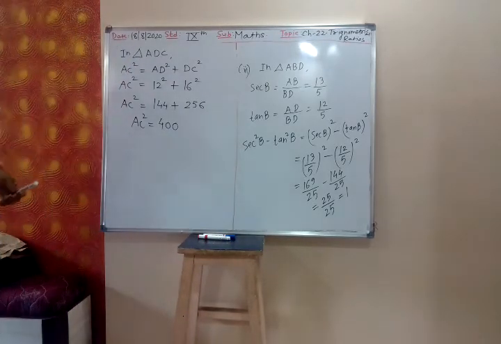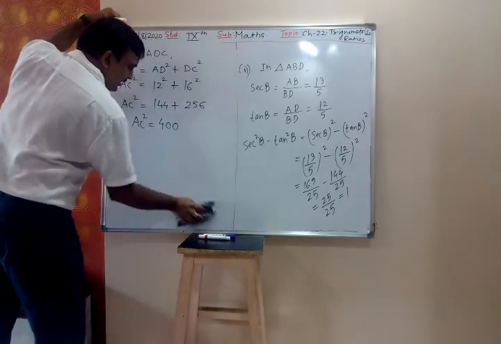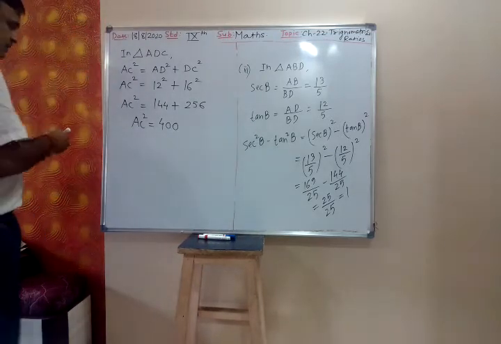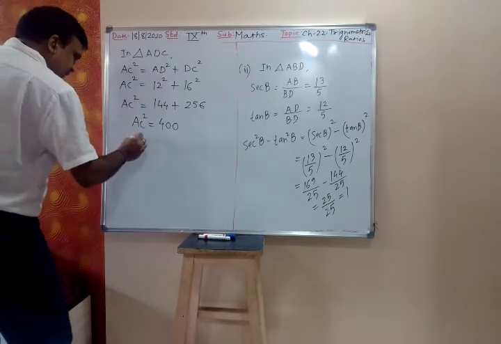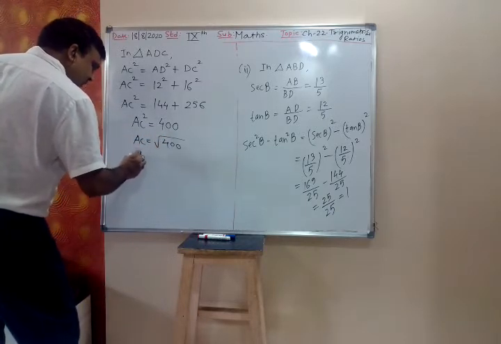So AC is square root of 400, I can write 20 into 20. So AC is 20.